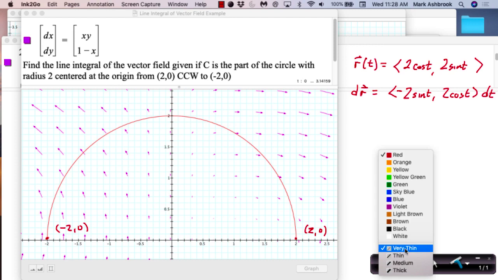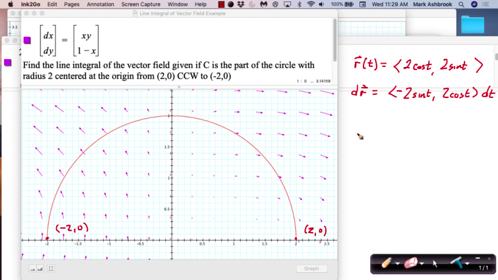So can you set up the integral? t goes from what to what? What's my t down here? 0 to pi. Agree? Yep, if I'm using sine t, cosine t, then t is angle measure, right? So we go from 0 to pi of the x component of the field, which is xy.